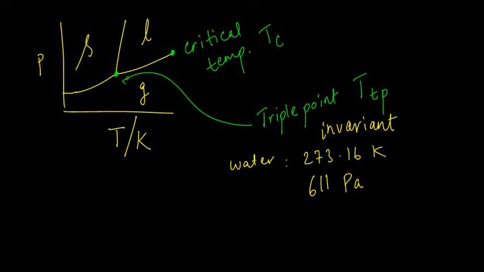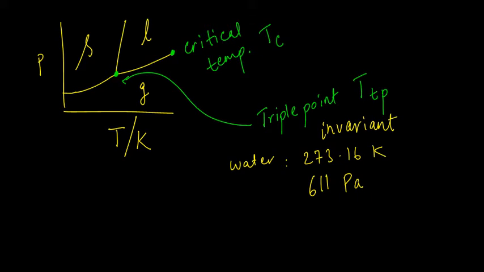Like when we saw the law of corresponding states, the critical temperature, critical pressure and critical volume were the perfect thing, because they were internal to the gas. Likewise, the triple point is also invariant.